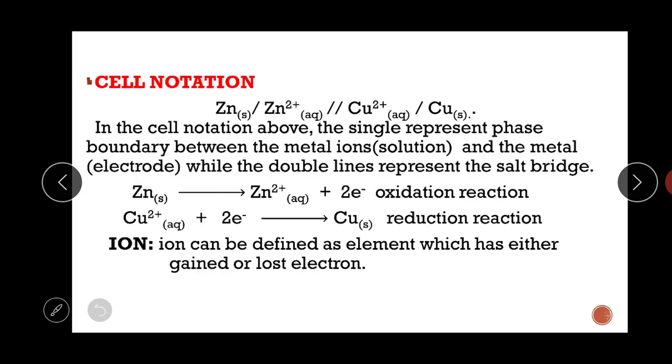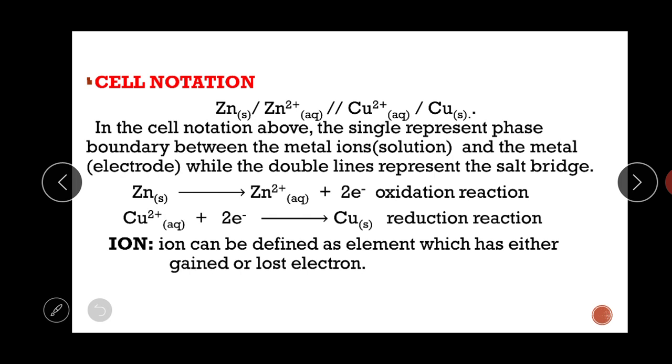Now I want us to quickly go to cell notation. How do we write the cell notation? In the cell notation, the single line represents the phase boundary between the metal ion and the metal electrode, while the double line represents the salt bridge.